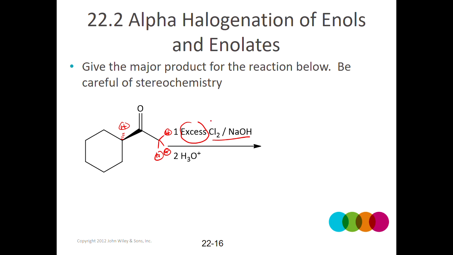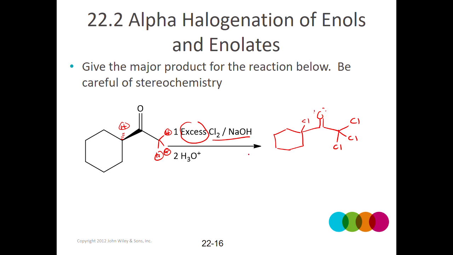And then the enolate would attack a Cl2, releasing a Cl minus byproduct. And so once the proton's removed and the lone pair picks up a chlorine, I would end up getting a chlorine at each one of those positions. So initially, what I would get is a chlorine here, and chlorine here, here, and here.